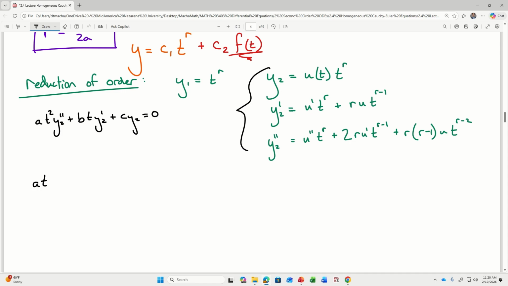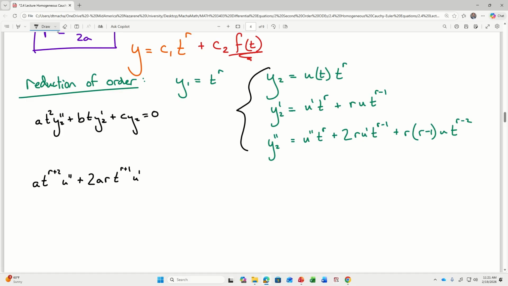So it's going to look like a u double prime times t to the r plus 2. And then the next term is going to be 2 a r t to the r plus 1 u prime.